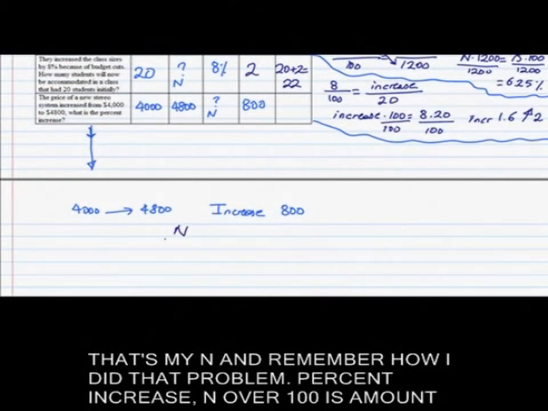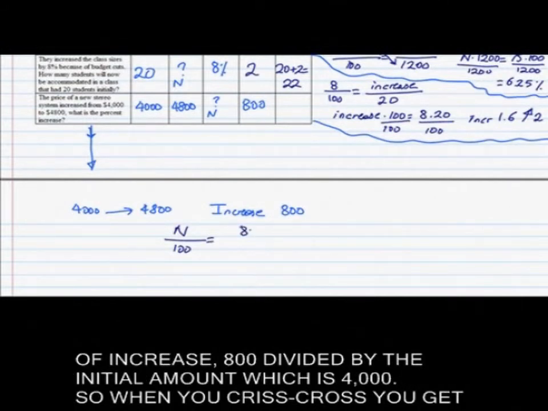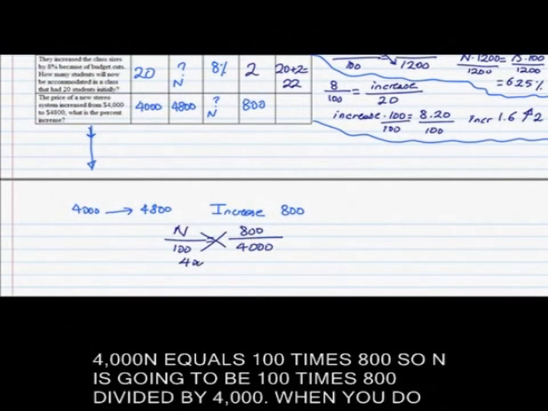And remember how I did that problem? Percent increase, n over 100, is the amount of increase, 800, divided by the initial amount, which is 4,000. So when you crisscross, you'll get 4,000 n equals 100 times 800.